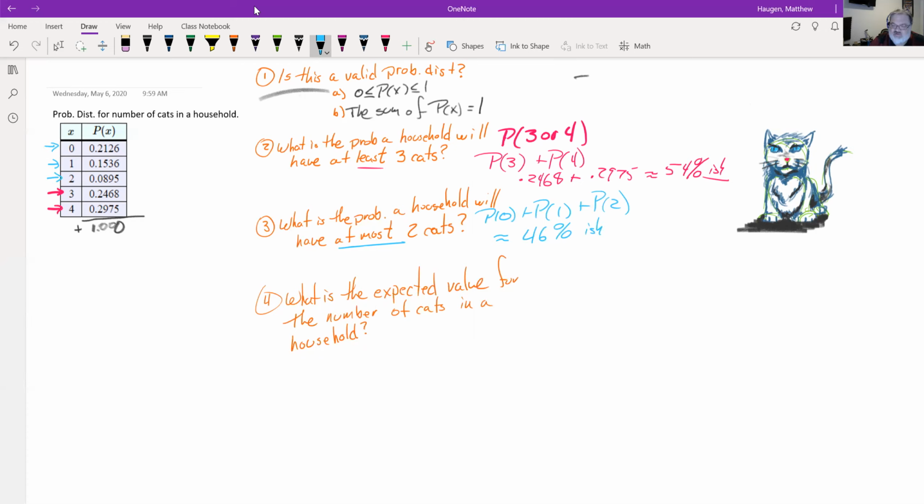Again, I'm being a little rough with that. Well, and actually, at least 3 was 54. At most 2 should be everything else. So that 46 and the 54 should add to 100%. So it looks like they do. So that's nice.